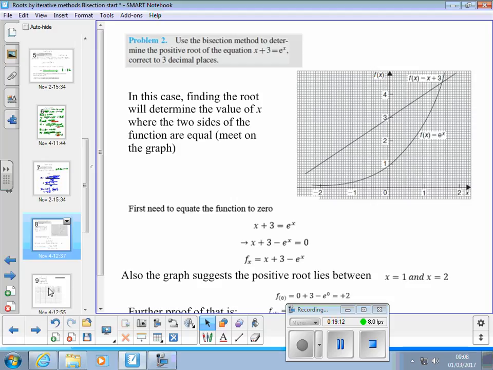x plus e to the x. And we're looking from this point here, where they cross somewhere between x is equal to 2.